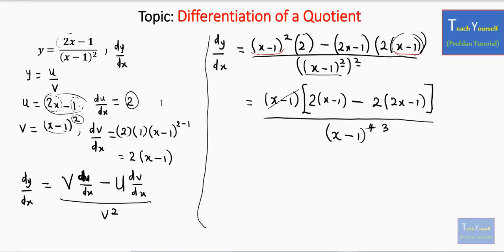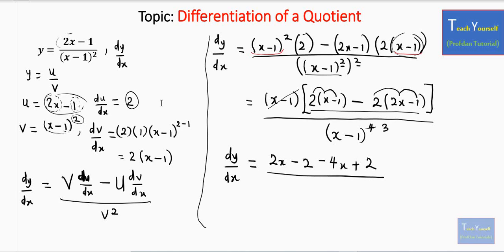If we simplify further, of course this x minus 1 here can take one of these out, and it's going to remain 3. We can have dy/dx equal to, now in the numerator we can still expand, where this 2 multiplies everything inside. That's going to give us 2x minus 2, and this minus 2 also multiplies this to give us minus 4x plus 2, all over (x minus 1) power 3 in the denominator.